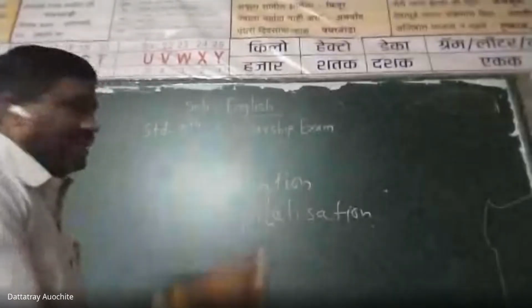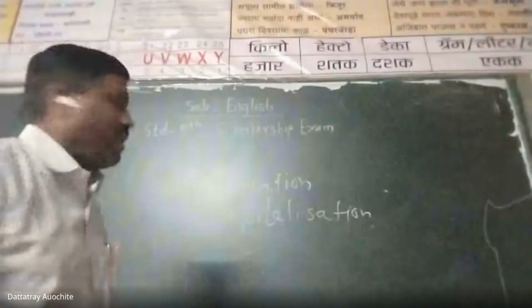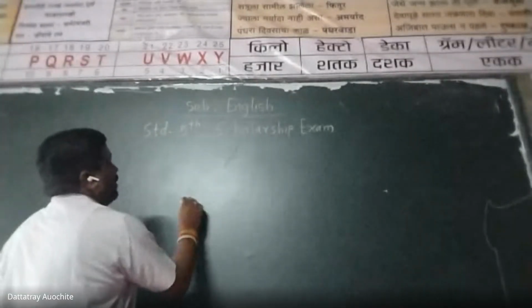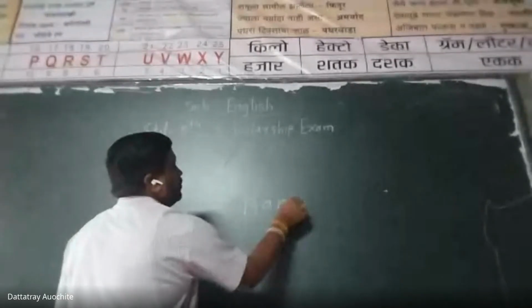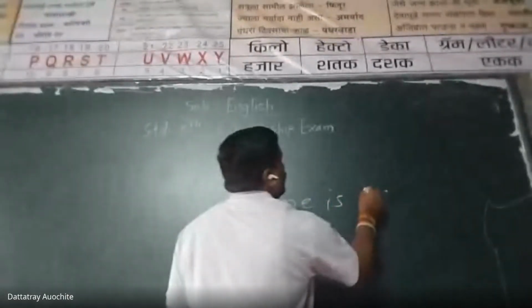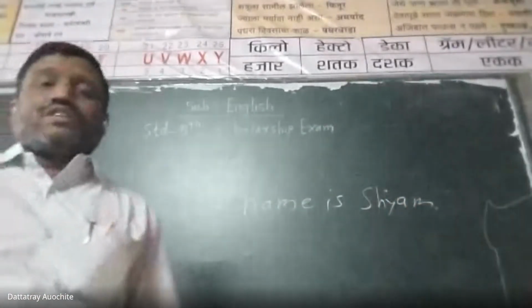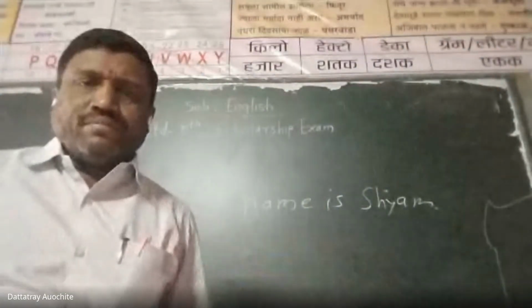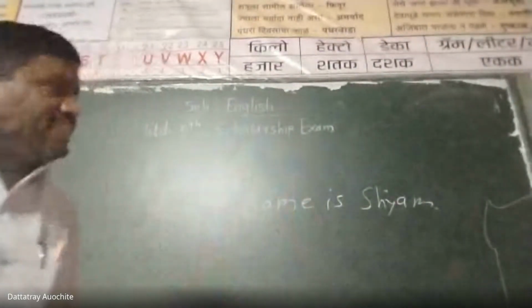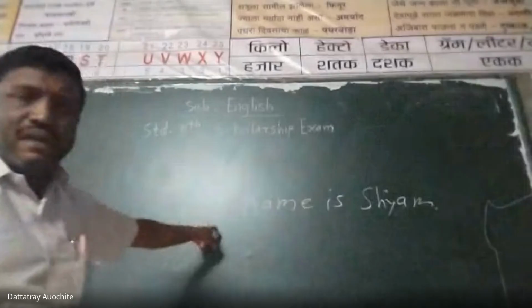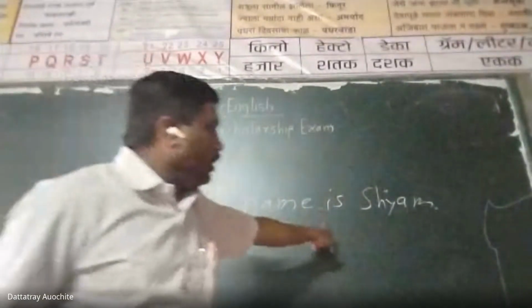If I write a sentence here on the blackboard: my name is Sham. In this sentence I have used four words: my, name, is, and Sham.